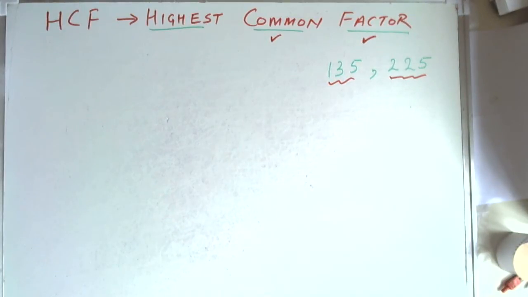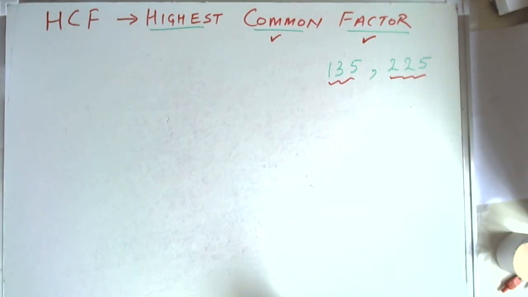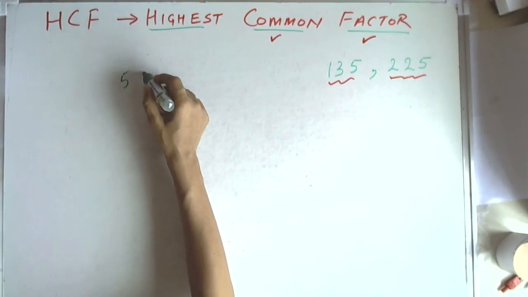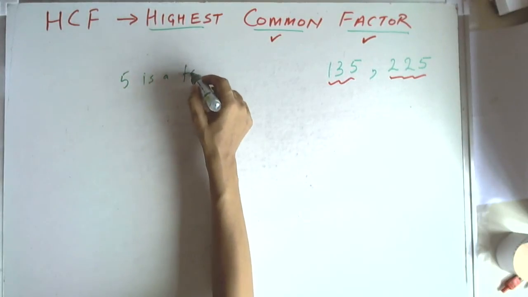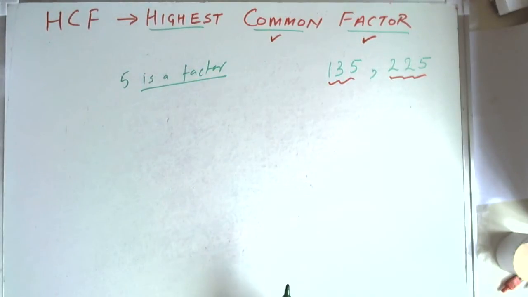So in this case, now let us see 135. Just by simple examination we know that 5 is a factor for both. And as we know from our earlier learning, a factor is something by which we divide the number and the remainder is 0.